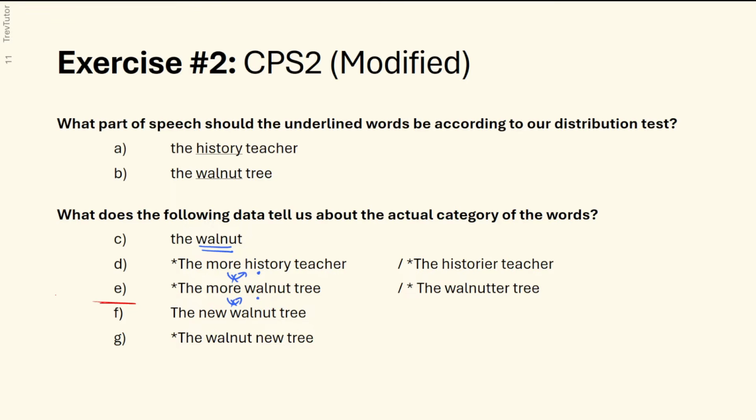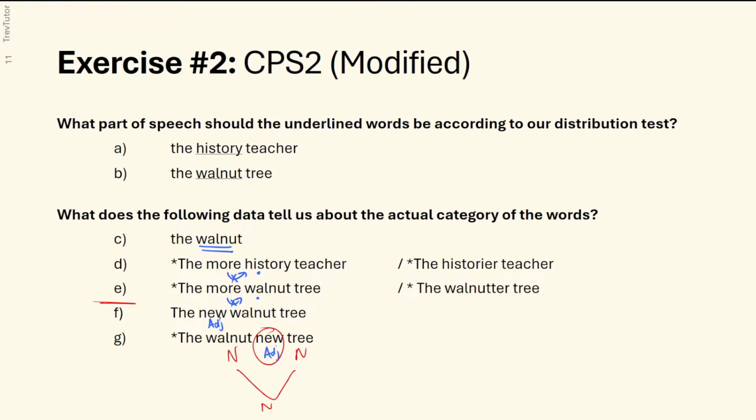But if we take a look at "the new walnut tree" versus "the walnut new tree," we see something interesting here. New is very clearly an adjective. In the case of F, "the new walnut tree," everything is fine. It occurs before walnut and tree. But in G, we can't say "the walnut new tree." The reason we can't do this is because walnut and tree are actually forming a complex noun on their own. So "walnut tree" could be considered as one word.